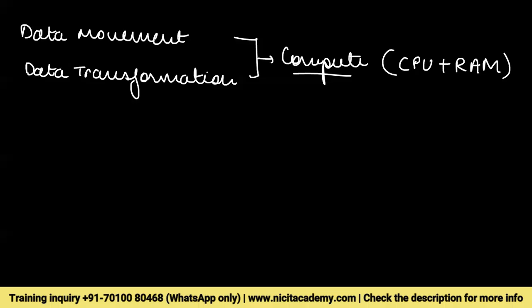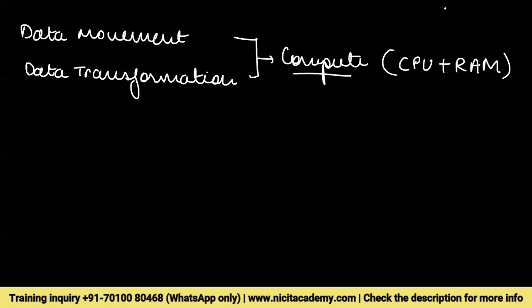It's not that I do not need any processing power or CPU or memory, and without that I can just move my data from one place to the other. Even when you write a very simple program, whether it's a Python program or a C++ program, even those programs, to execute, will take some of the memory.